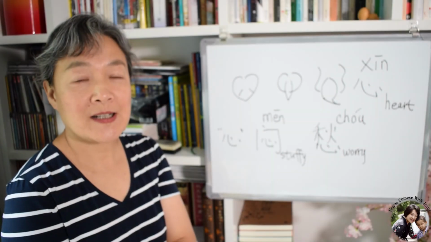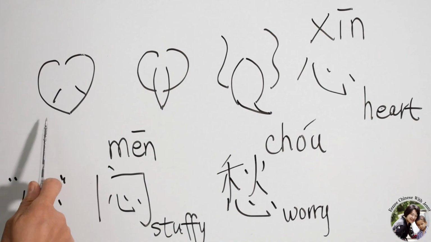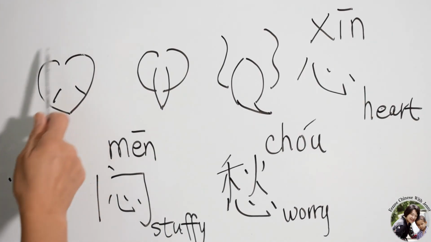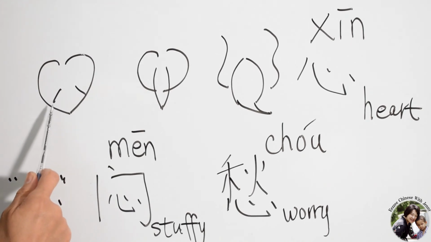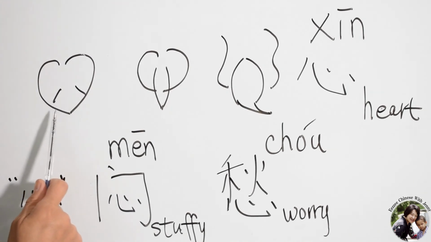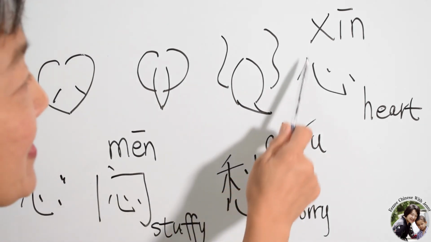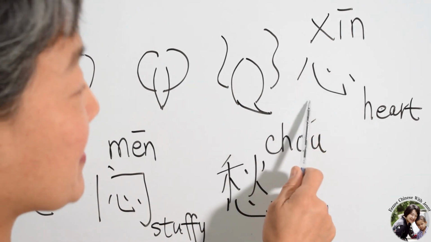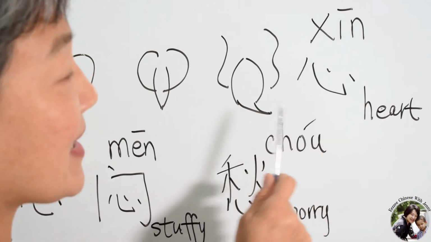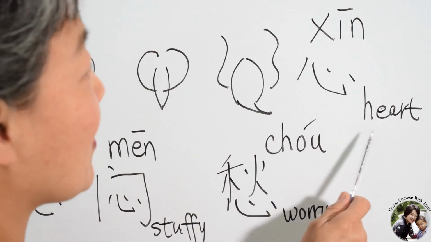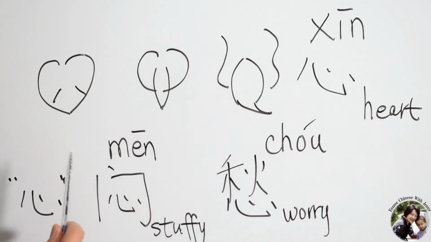Let's learn a very important character. This is the original drawing of a heart. People still draw it this way, right? So this evolved. The currently simplified version is written like this, and the pronunciation is xin, which means your heart. And xin is also a radical for many characters related to your heart.